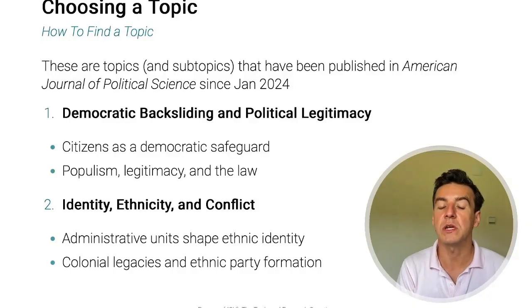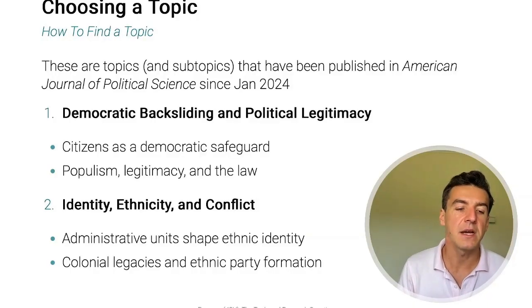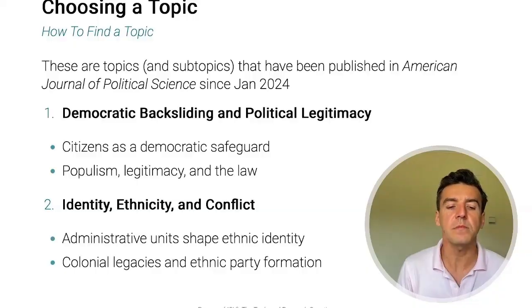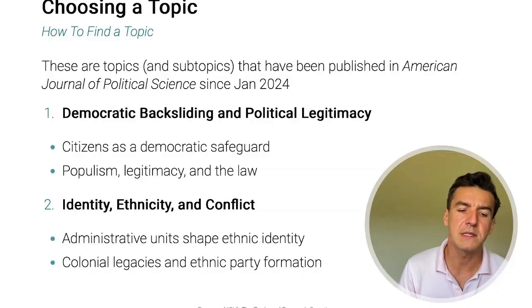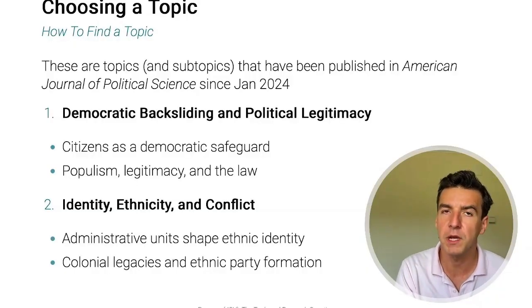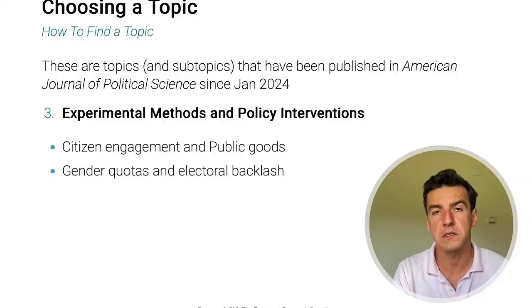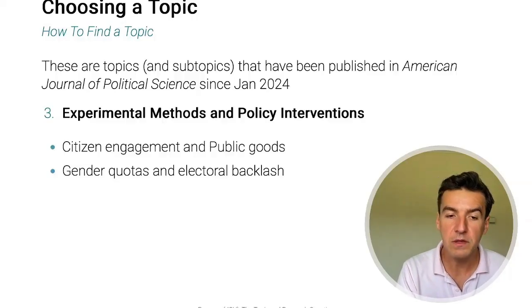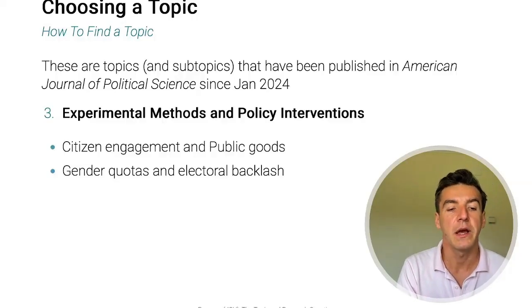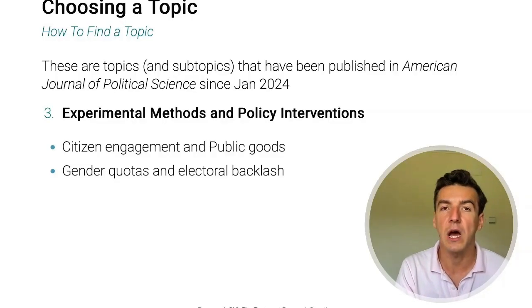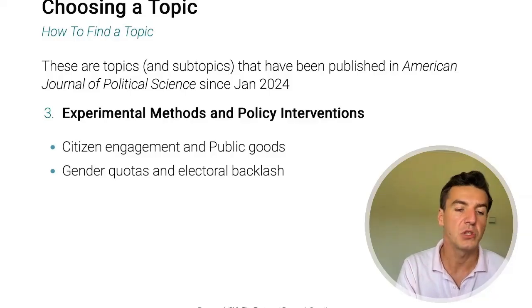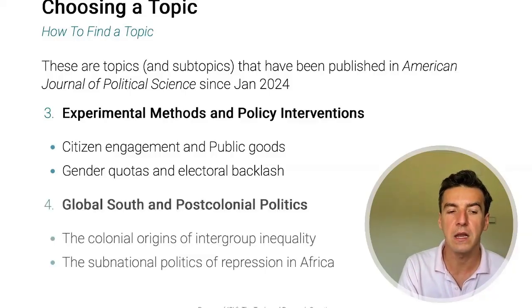So how administrative units can shape ethnic identity, what are colonial legacies and how they impact ethnic party formation. Other kinds of topics are related to experimental methods and policy interventions, like how do citizens engage and how does that relate to public goods, gender quotas and electoral backlash.